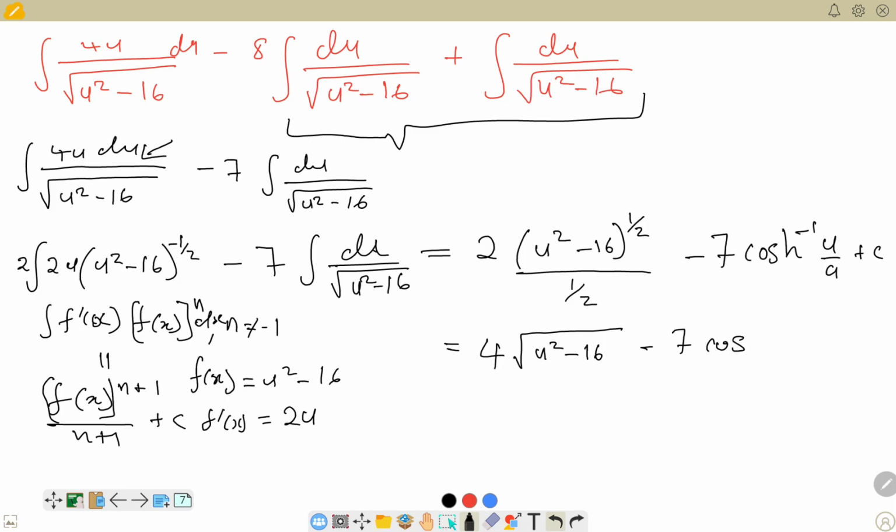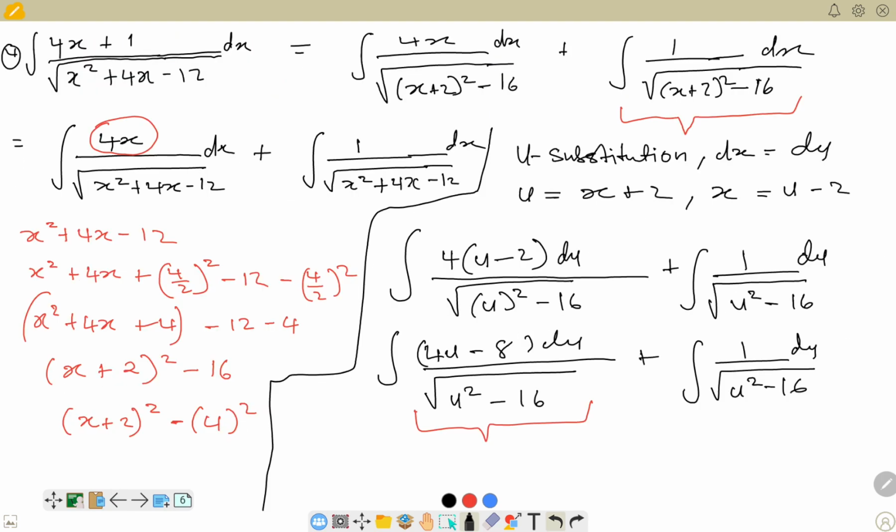Then we have arccosh of u over A plus C. Then we can see that this one here, we have replaced it, and it was actually what we had from the beginning.